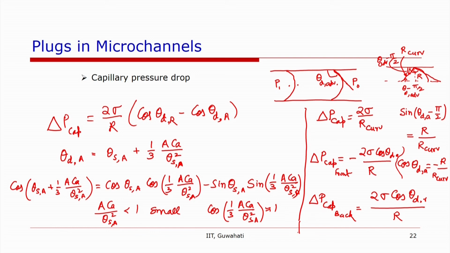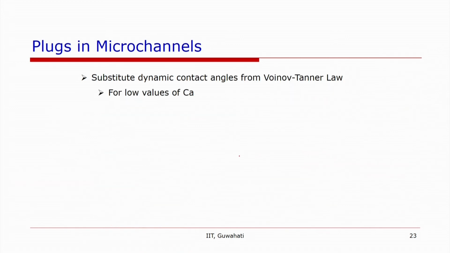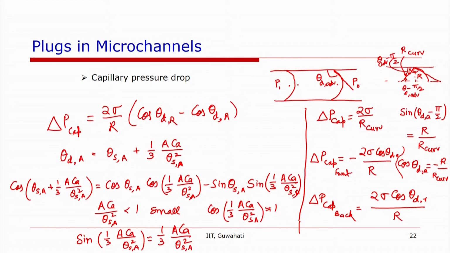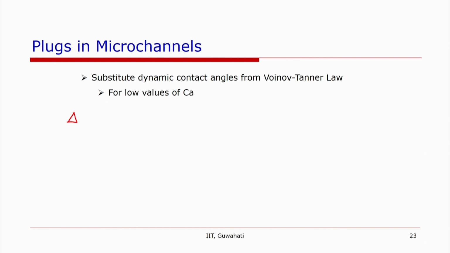Cos 0 we know that it is 1, and at low values sin theta is equal to theta, so we can say that sin of 1 by 3 ACA over theta SA squared is equal to about 1 by 3 ACA over theta SA squared. So we can write that as theta. From here we can write that delta P capillary is equal to 2 sigma over R.